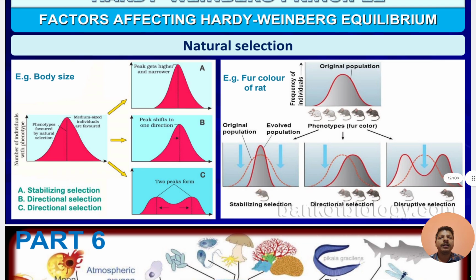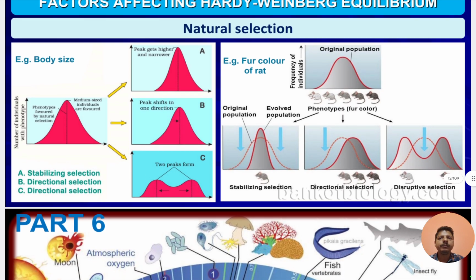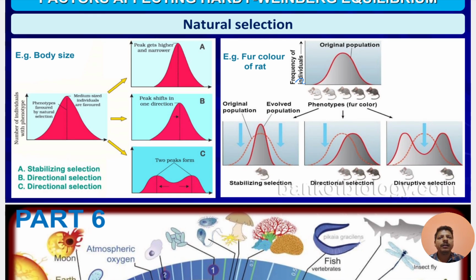Example for color: here you can see the frequency of individuals, the original population like this, and coming to stabilizing selection, the evolved population you can see this one. Then directional selection, varieties came like this, in one direction, for color you can see. Disruptive, then two or four colors are present as you can see.